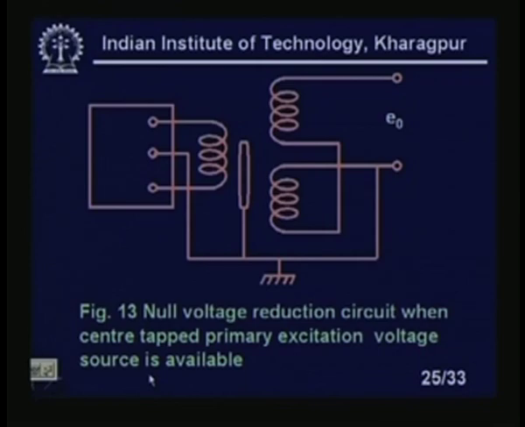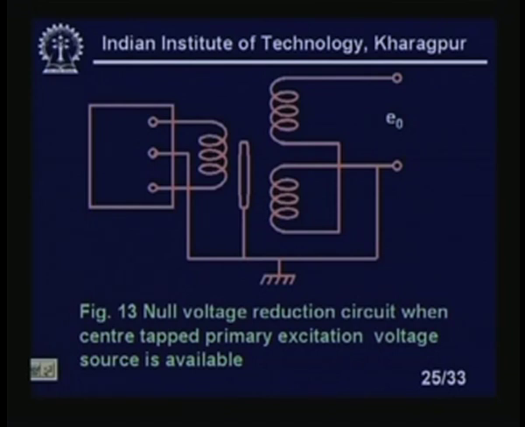Now, this null voltage is a nuisance, we must kill it. There are various circuits available to kill this null voltage. One is the null voltage reduction circuit when a center tap primary excitation voltage source is available. If you have the center tap primary excitation source, I can use this type of circuit, where this center tap is grounded. Sorry, this is not ground, actually this is the core motion.